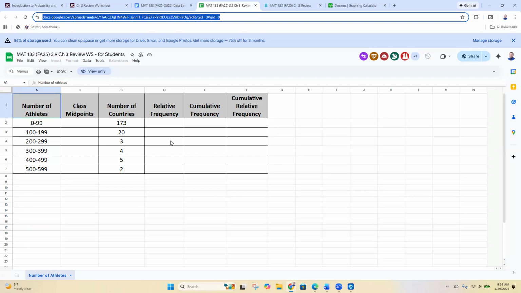Now, I'm going to stop my screen share because I would love for someone else to share their screen and walk us through filling in the information on this Chapter 3 worksheet.